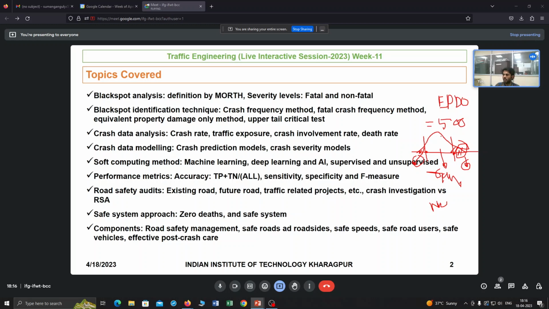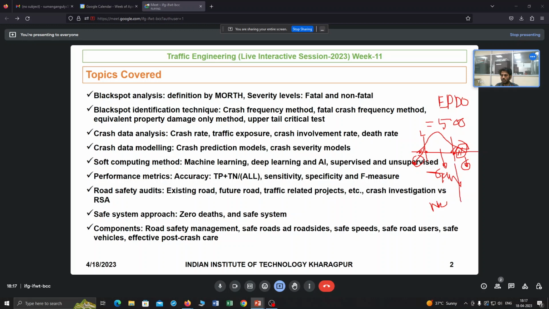So that is the upper tail critical test. It is called upper tail because we will not consider the lower tail.